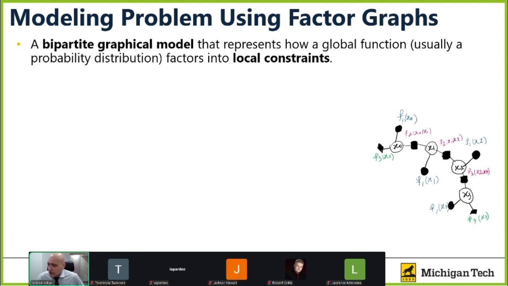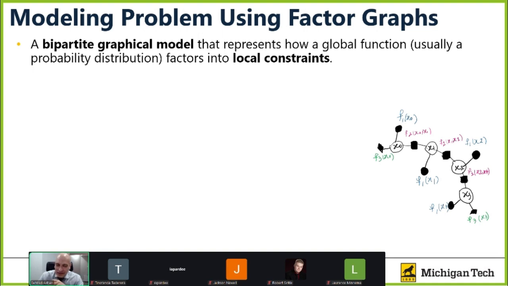So what is a factor graph? Last class we started talking about that. We said it's a graph, a normal graph, and this graph is not directed. That's a good point. It's not directed, so it means you don't have father and mother, you don't have child and parents.